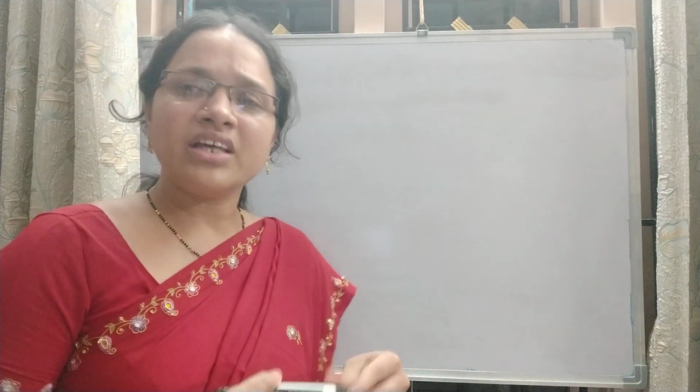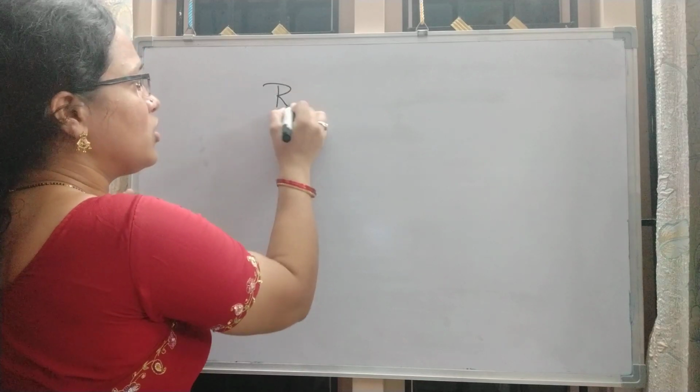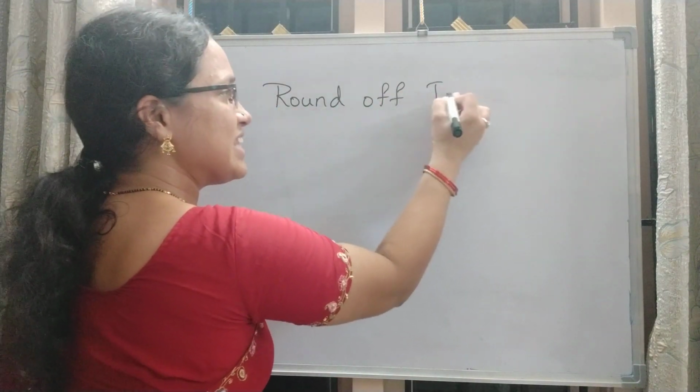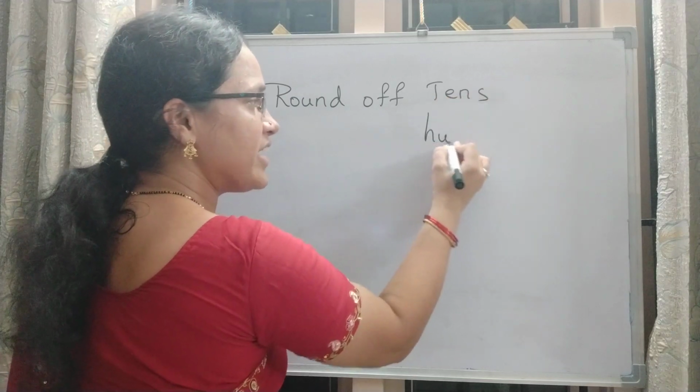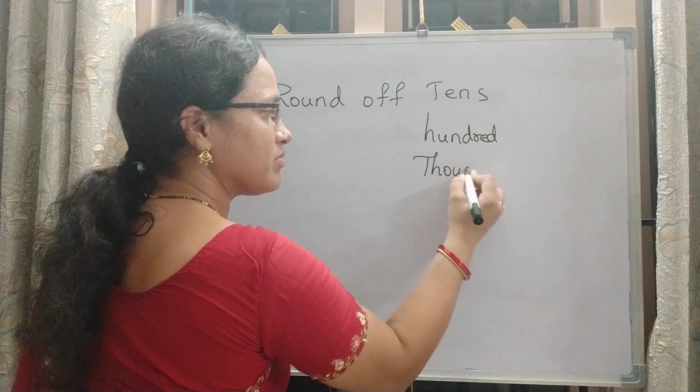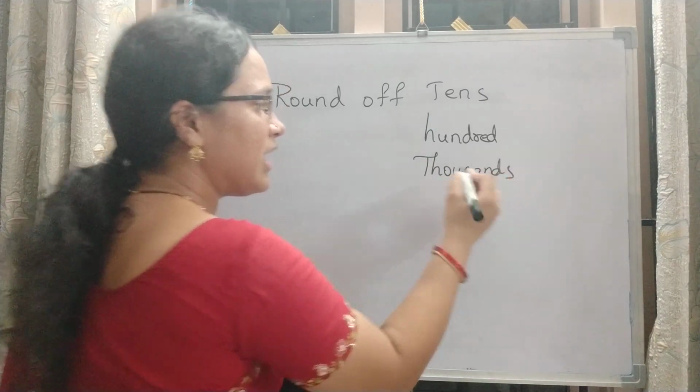Now there are several things, like rounding off the value to its tens, to its hundreds, to its thousands, and so on.